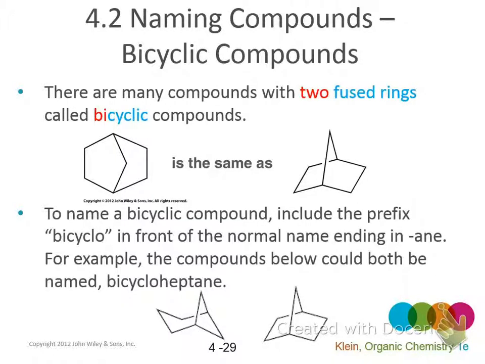Okay, so what we need to do next is name bicyclic compounds. There's actually a bunch of ways that you can draw these. But you'll notice this and this represent the same thing. This carbon that's pointing up at the top is known as the bridge.